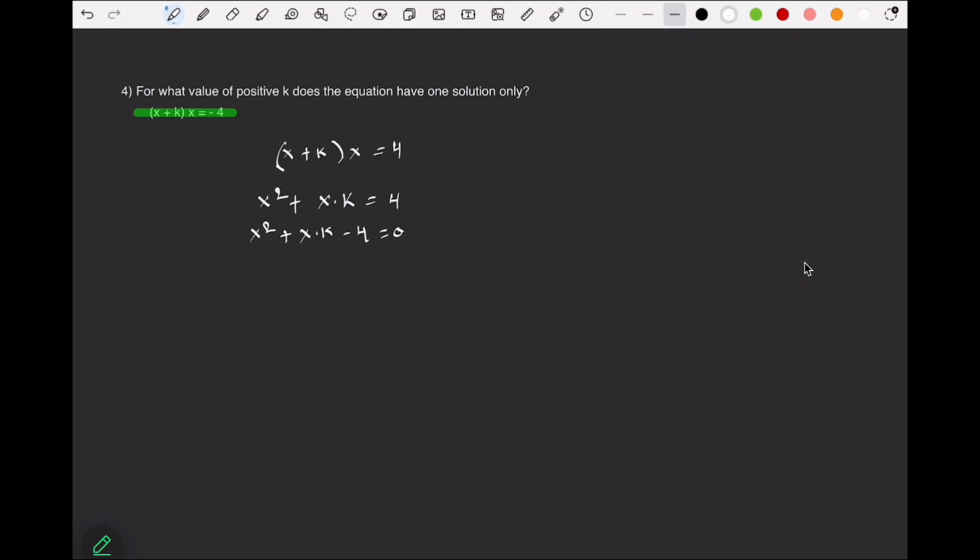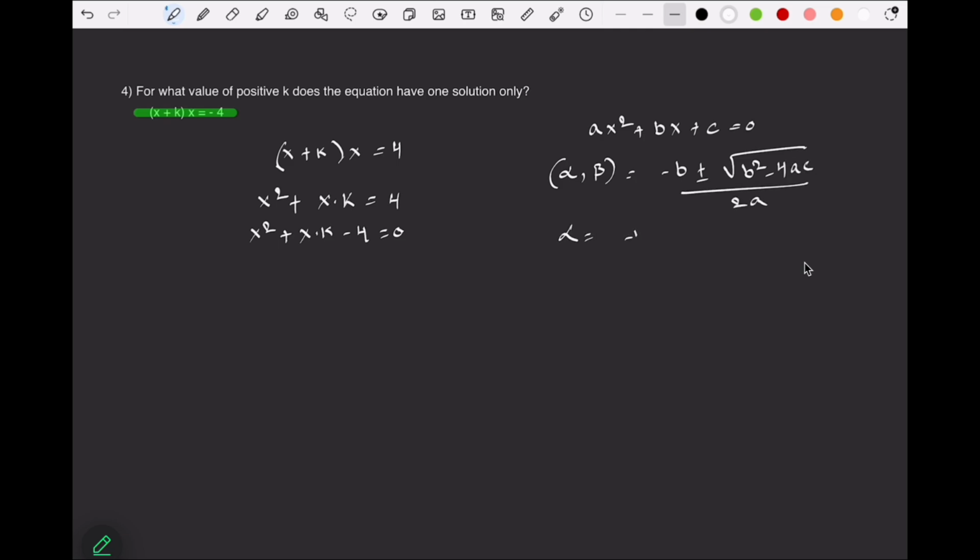Before solving this question, I have to mention a small concept. If there is a quadratic equation ax square plus bx plus c equals 0, then this quadratic equation is going to have two roots, alpha and beta. We can write them as minus b plus or minus square root of b square minus 4ac divided by 2a.